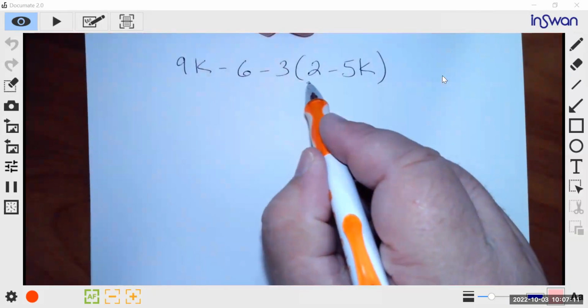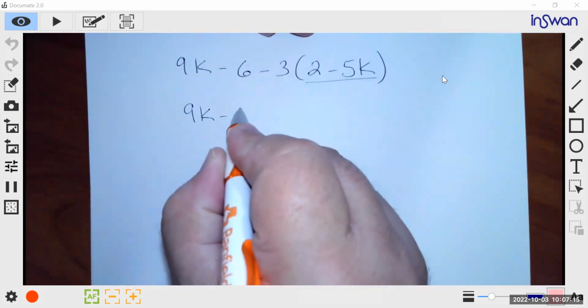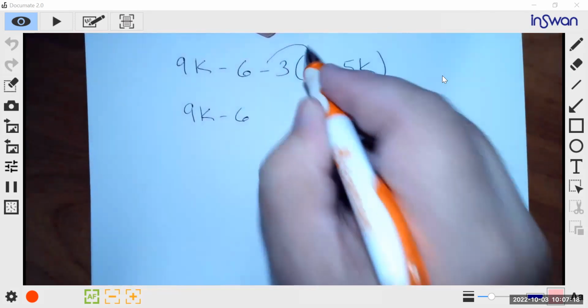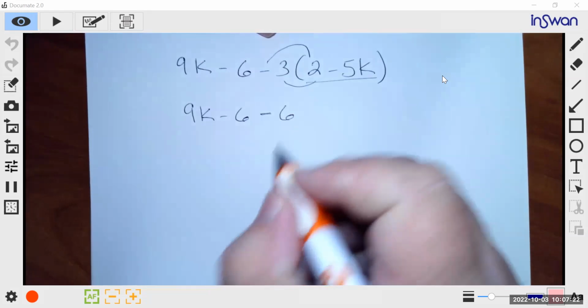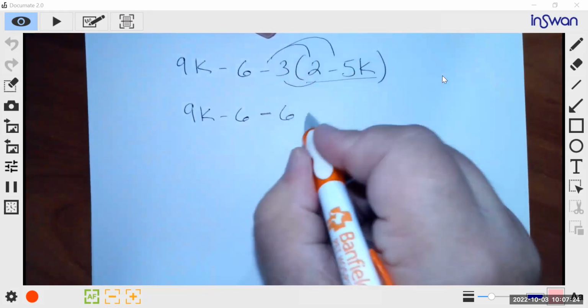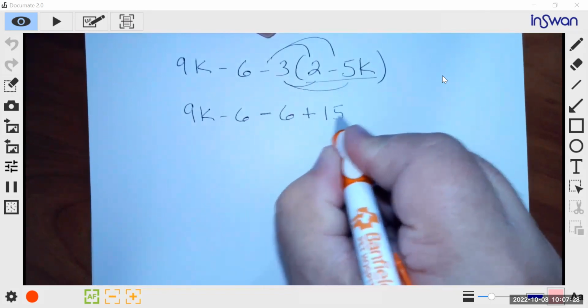Yeah, because we can't do anything inside the parentheses, so we have to distribute. So negative times positive is negative. 3 times 2 is 6. Negative times negative is a positive. 3 times 5 is 15k.